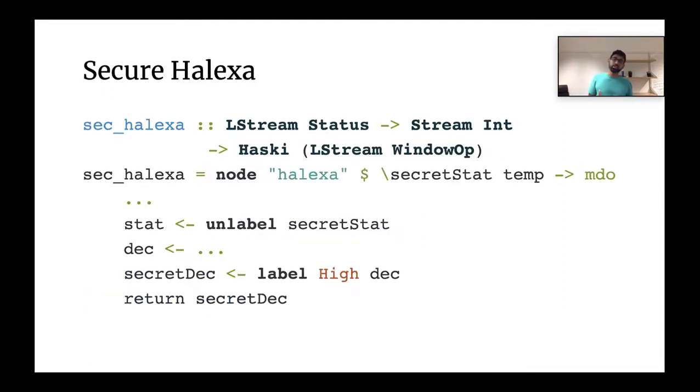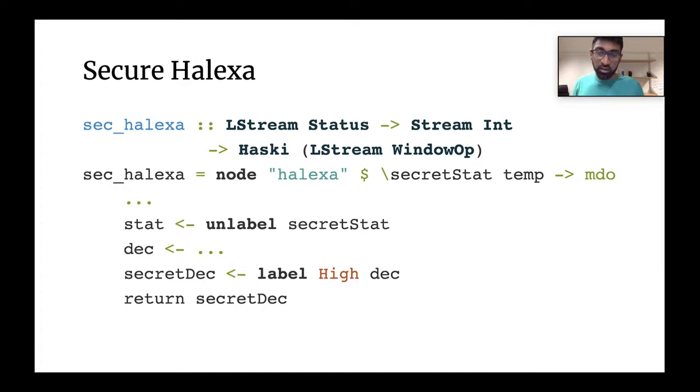So how does this really change how Alexa is written, right? If we change the type signature of Alexa, as I showed you earlier, then a programmer trying to write a secure version of Alexa is forced to unlabel the secret status stream and also label the resulting decision stream.